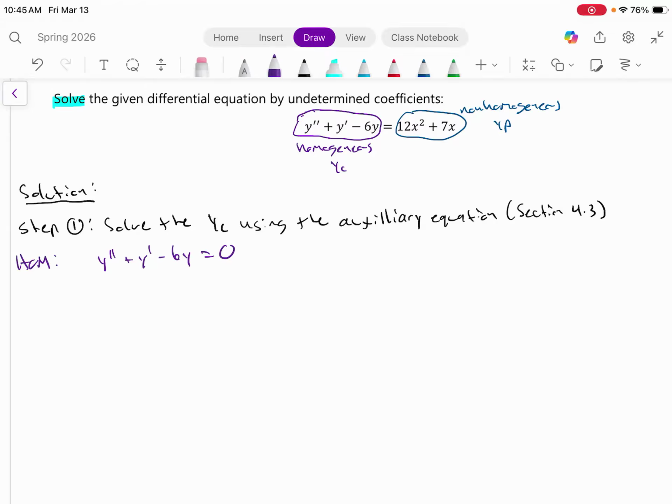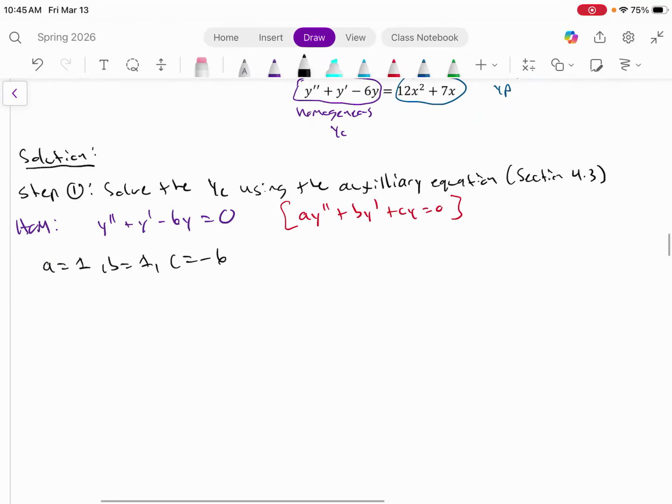Remember the standard form, a y double prime plus b y prime plus c y equals 0. So here, a would equal 1, b would also equal 1, and c would equal -6.